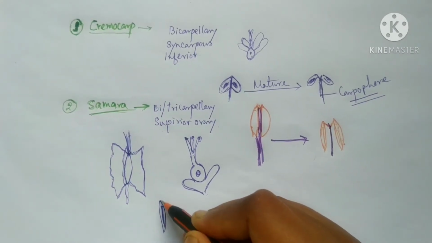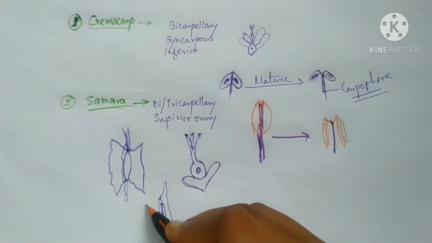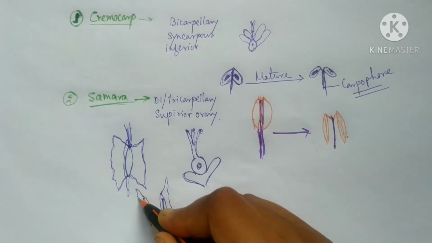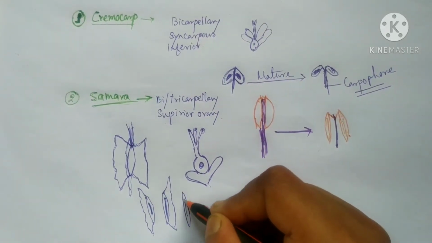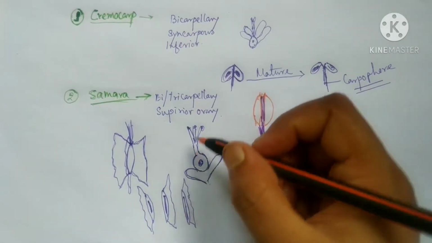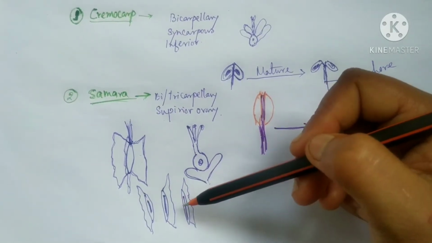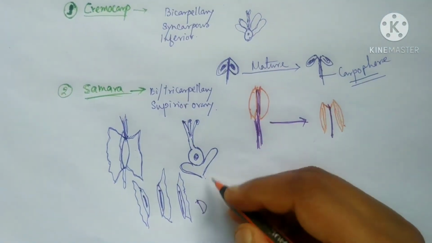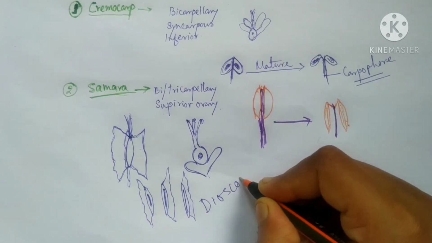So this is a part with a pericarp, and it is tricarpellary, so each part contains a pericarp. After maturation, this fruit divides into many parts. Dioscorea is an example of this type of fruit.